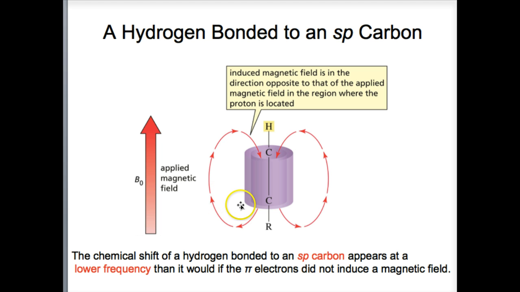As a result, the proton senses a smaller effective magnetic field and so shows a signal at a lower frequency than it would if the pi electrons did not induce a magnetic field. And you can see right here that it is in the opposite direction, going this way, as opposed to the direction of the applied magnetic field.